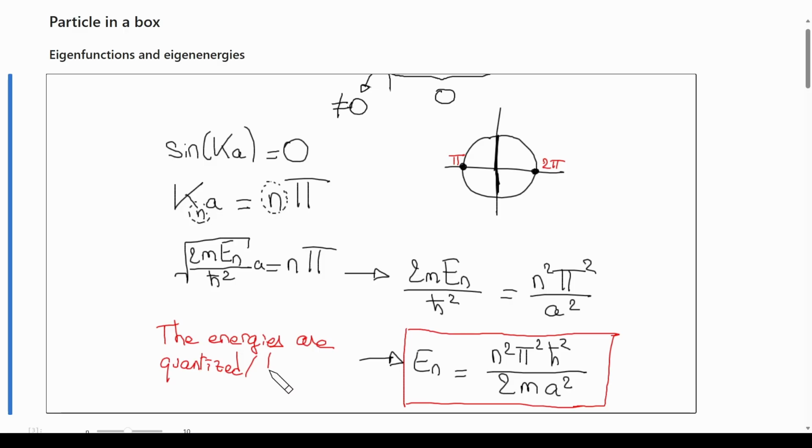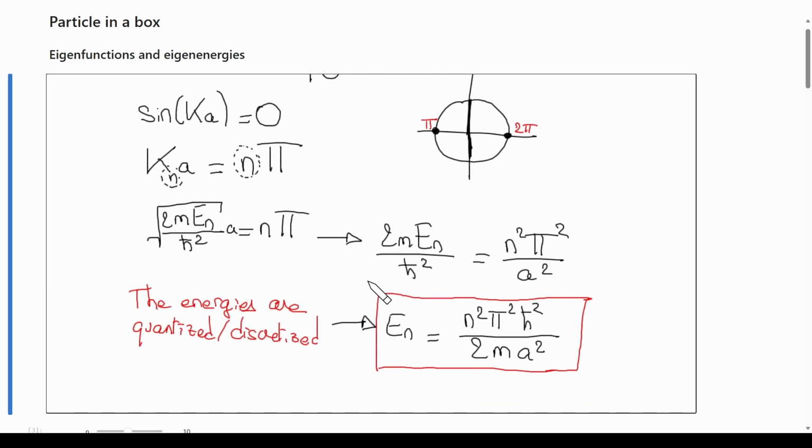Quantized or discretized. They can only be equal to certain values.